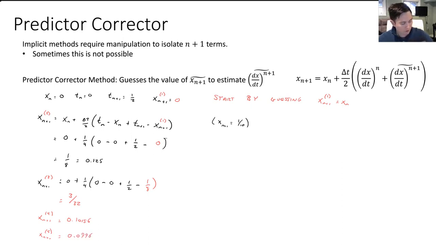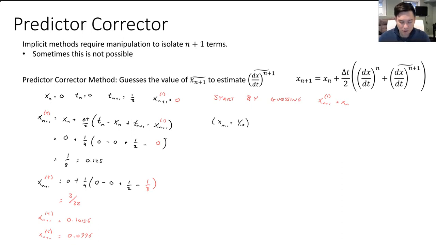And so we can see that as we take more and more iterations, plugging those values in, we approach the expected value of 1 divided by 10.